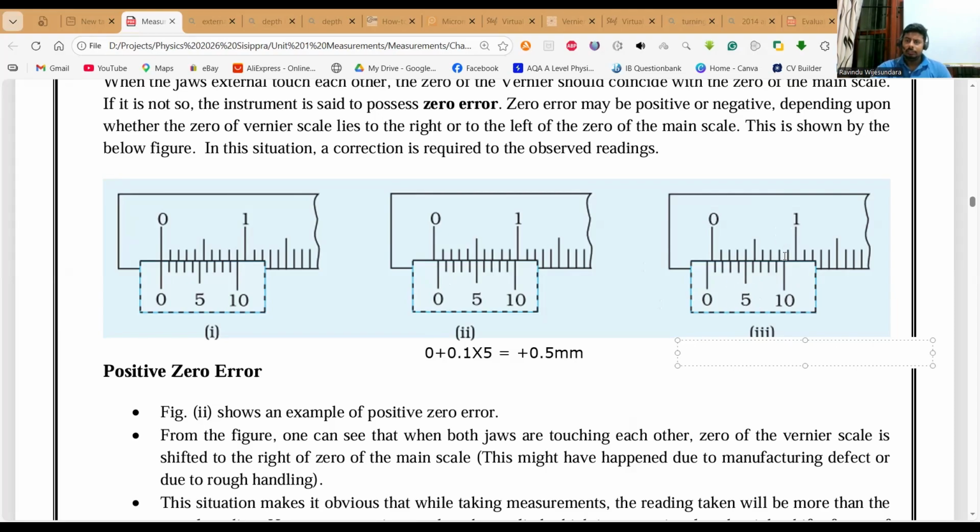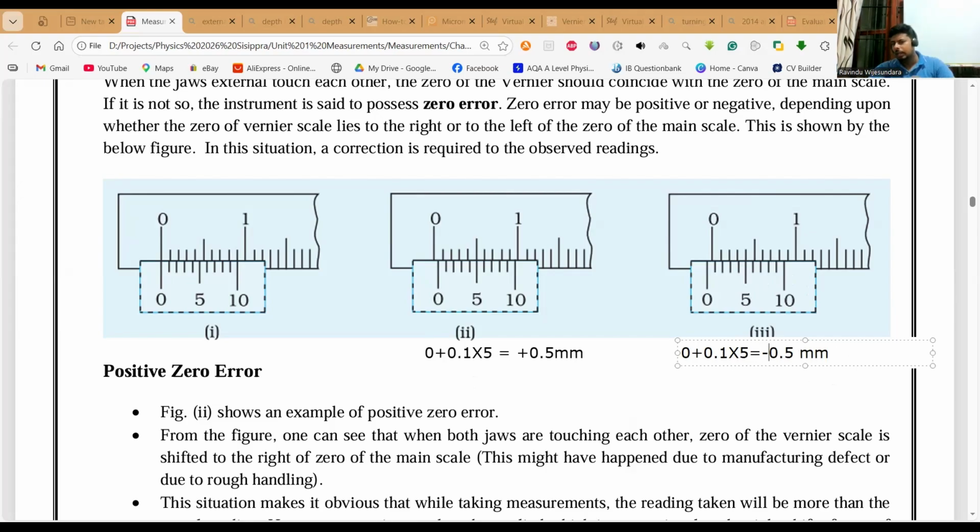So here the zero error will be 0 plus 0.1 multiplied by the coinciding value. Now we have to count from the back side. This is the zeroth one. 1, 2, 3, 4, 5.